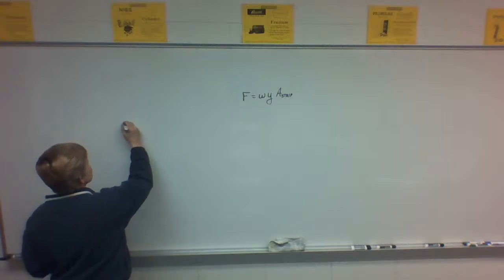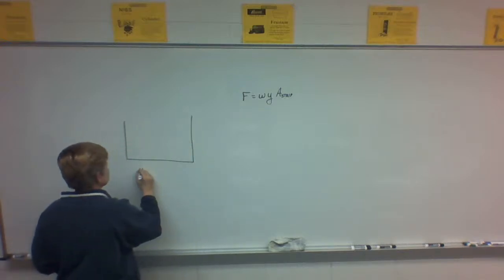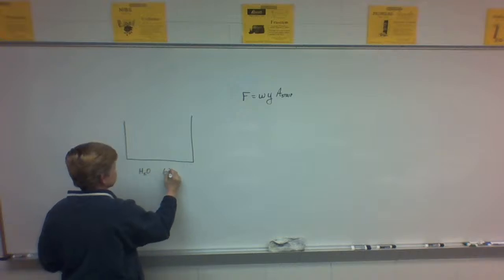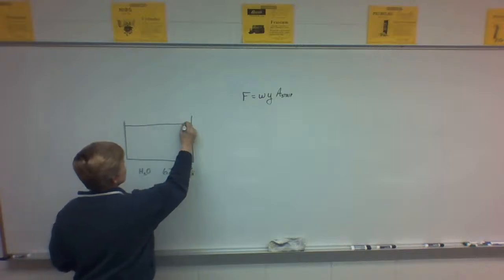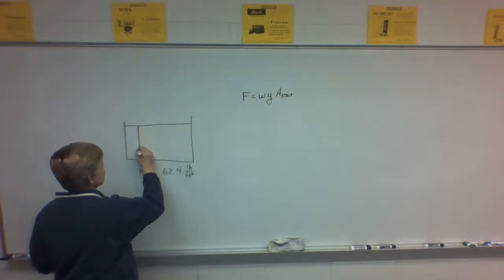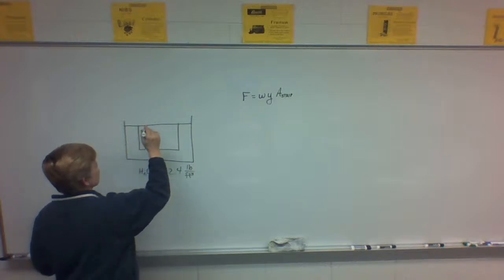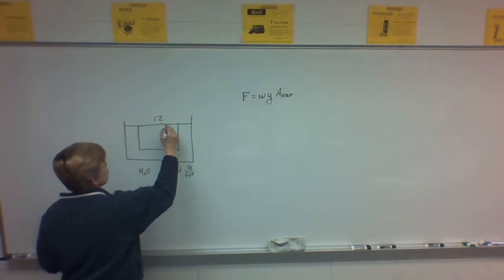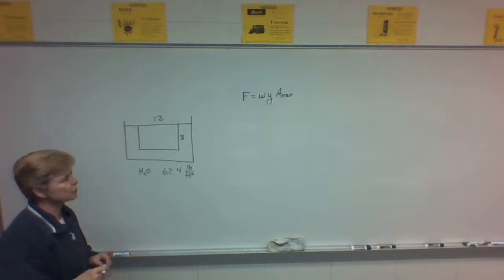I don't know what crude's density is. We'll just say regular water, 62.4. There's the water level. We're going to submerge a rectangle that is 12 feet across here and 8 feet down. You ought to be able to put this one together with no trouble at all.